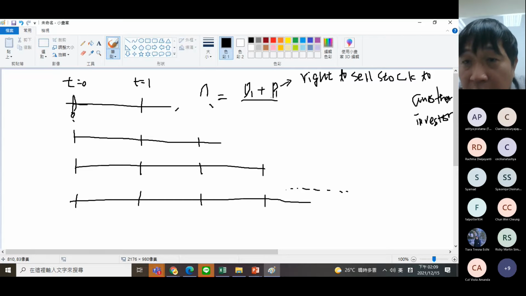So over time you get the P1. And we know here D1 plus P1, that's your future value, right?